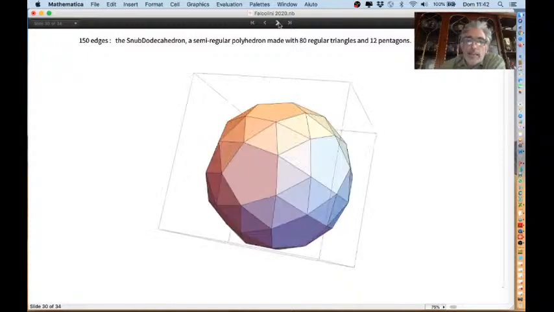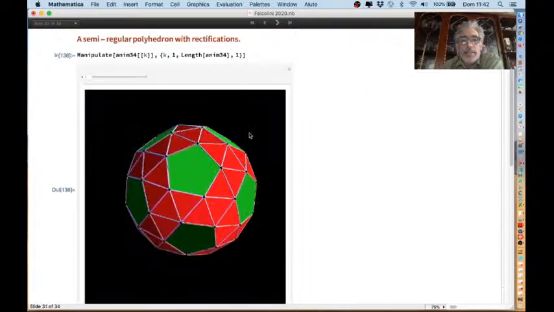And for this particular polyhedron, I want to discuss, just to finish, the truncation.